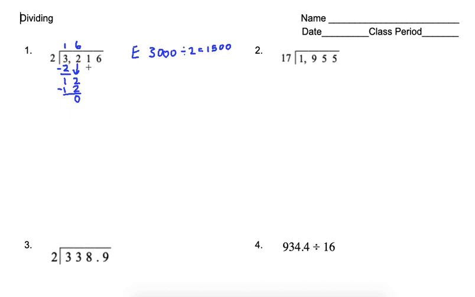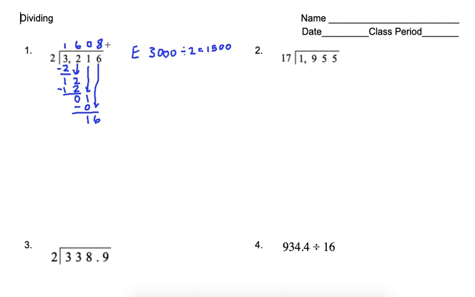We drop down our next number, which is 1. How many times does 2 go into 1? It does not go into 1 at all. So 0 times 2 is 0. Subtract that down. 1 minus 0 is 1. And then we bring down our last number here, which is 6. And then ask ourselves how many times does 2 go into 16, and that is 8.